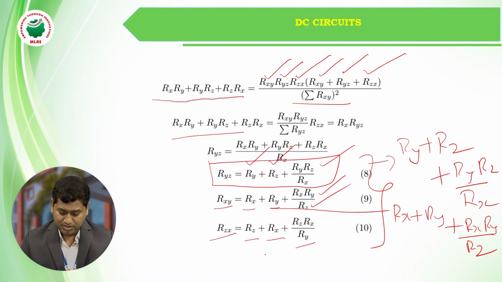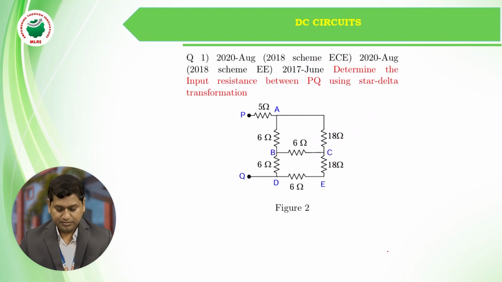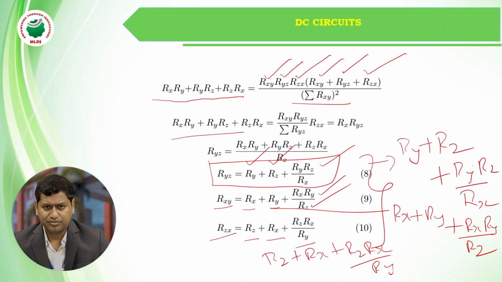Similarly for rzx, that is rz plus rx plus multiplication of rz rx, and the leftover is ry. So this is all about the derivation of star to delta transformation.